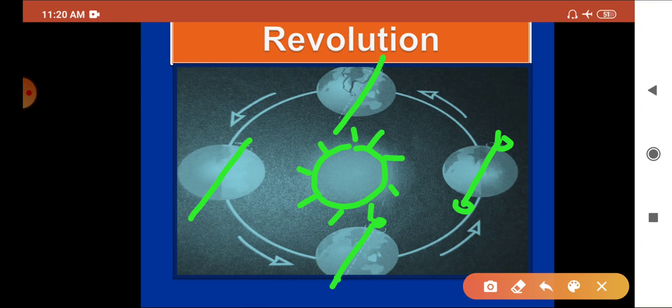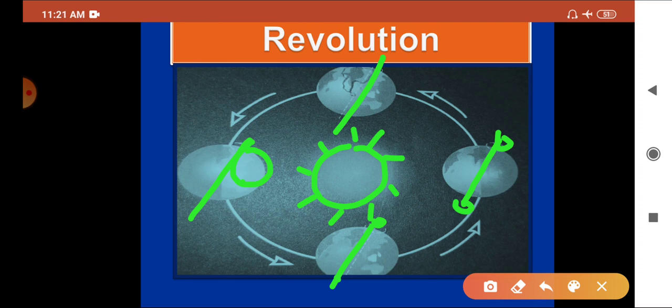For example, in the month of June, if we go to this point, you can see the northern hemisphere, as we discussed in our previous chapter about the southern and northern hemispheres.